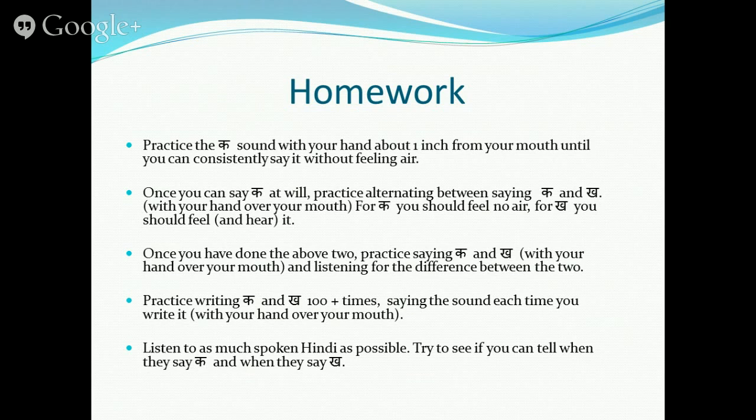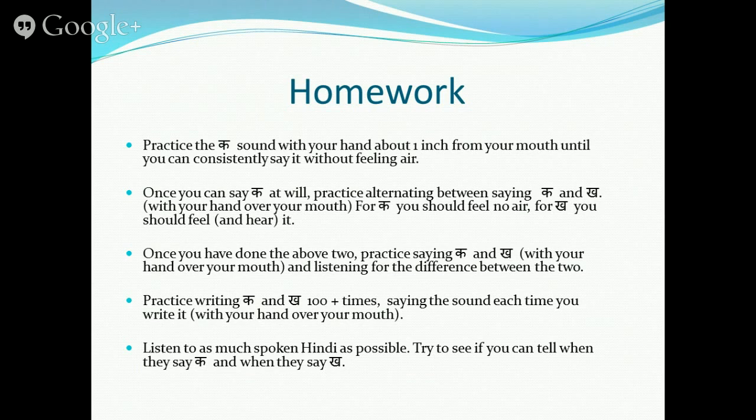Once you can alternate at will, and you have no problems with that, now practice saying both, but then listen to the difference. Try to sensitize your ear to the difference between these two.